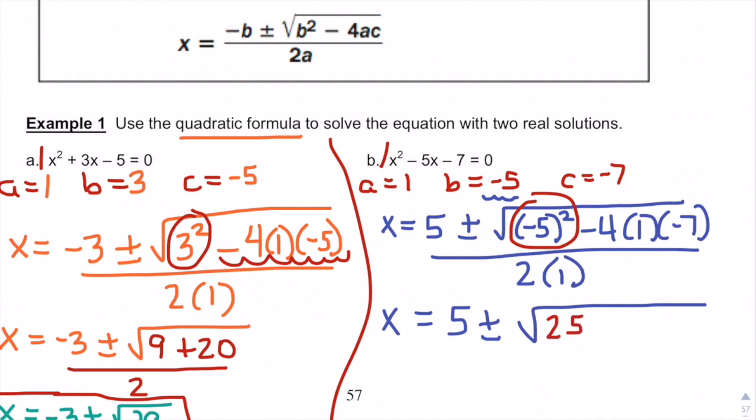And then I'm multiplying those back numbers. Negative 4 times 1 times negative 7. Negative 4 times 1 is negative 4. Negative 4 times negative 7 is positive 28. On the bottom, 2 times 1 is 2. So really I did 3 things there in one step. We did the exponent, we did multiplying on the top, and we did multiplying on the bottom.